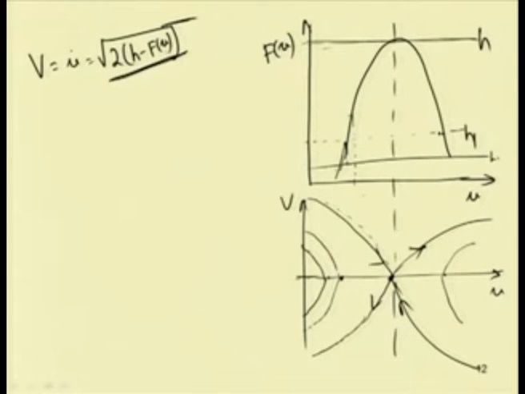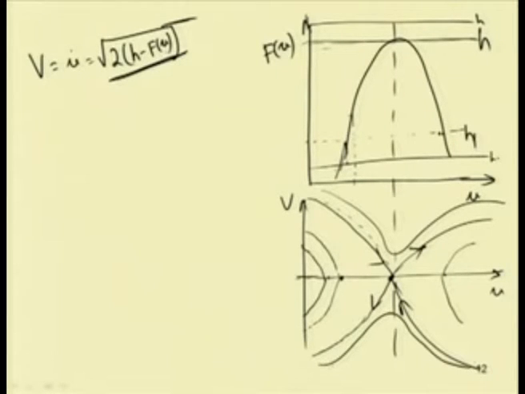And if I take a value of H which is greater than this, I can have the flow like this, corresponding to this.